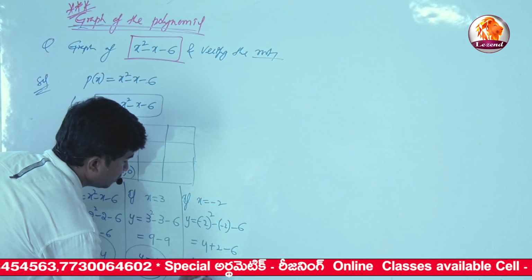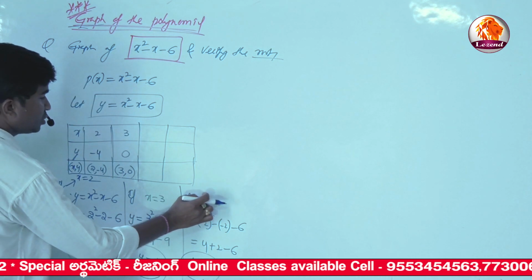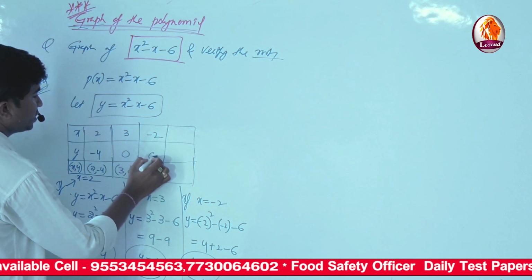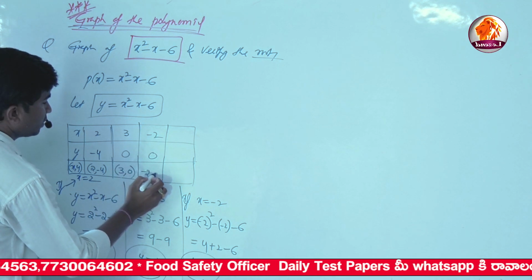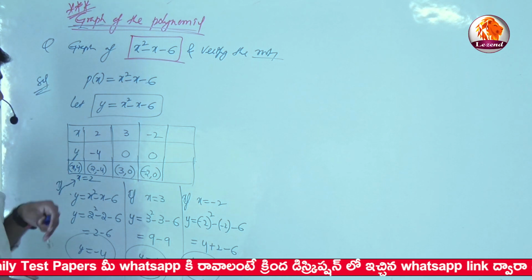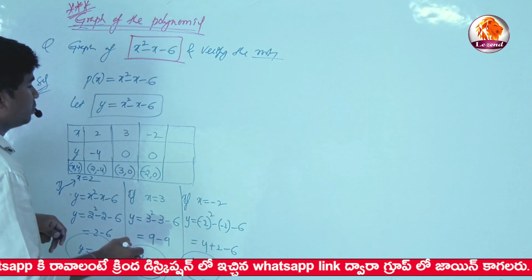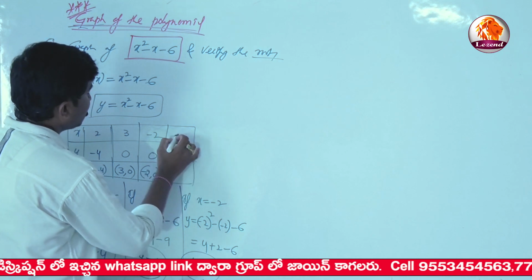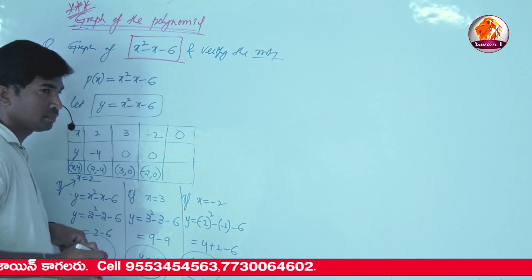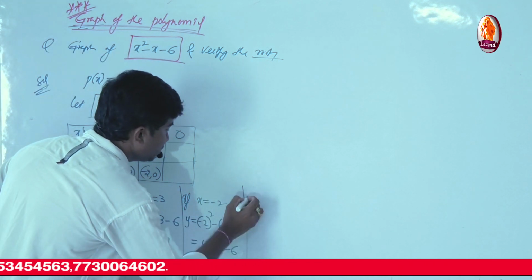So y is equal to 0. If x value is minus 2, then y is 0. So minus 2 comma 0. This is one more point of the given quadratic polynomial. Take one more point: if x value is minus 3, you can take that. Otherwise, take x value 0. What happens? X value 0.